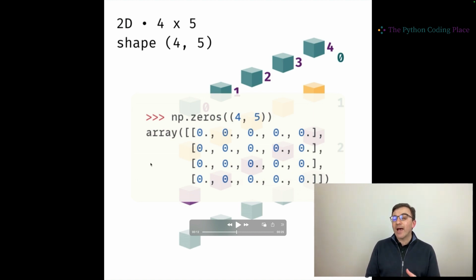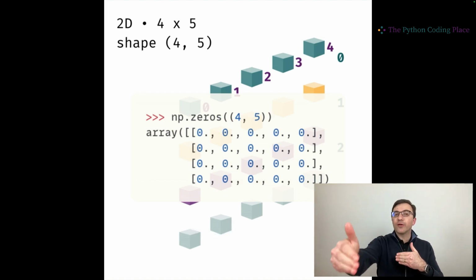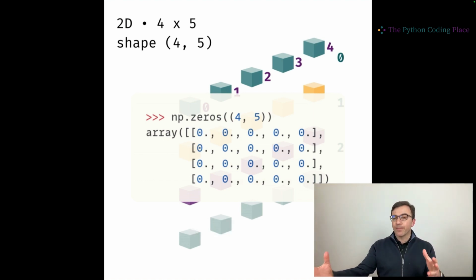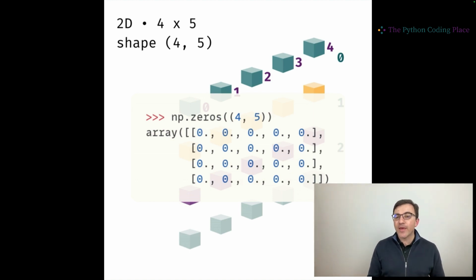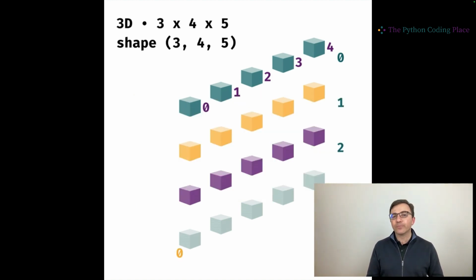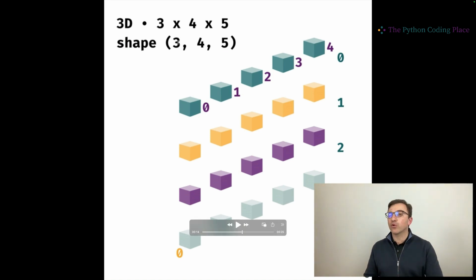So what if I want to add the layers now, a third dimension? If I want to keep the rows and the columns as they are, but add a dimension in depth, then the new dimension has to come before, so to the left of both of these. Let's go and have a look. There we go. So what I need now is a shape 3, 4, 5.